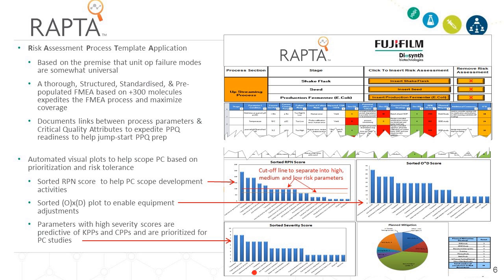And then finally, by sorting the severity scores by themselves, this can be highly predictive of key process parameters and critical process parameters, or KPPs and CPPs, in order to drive the scope of process characterization itself.